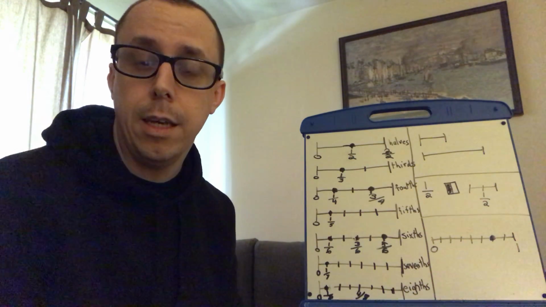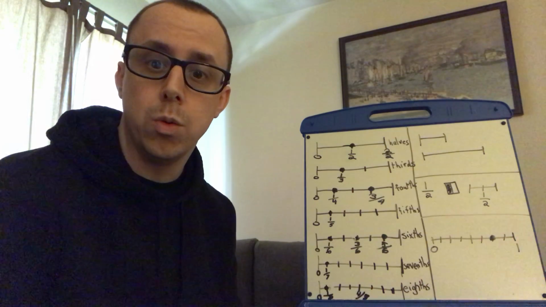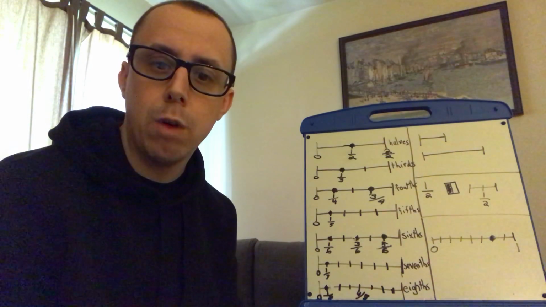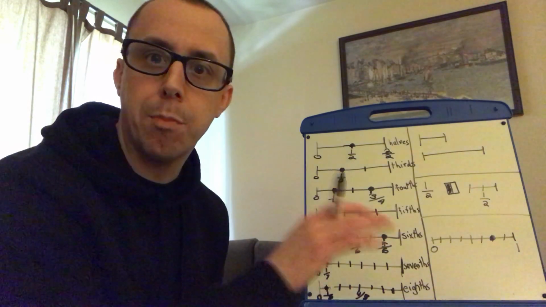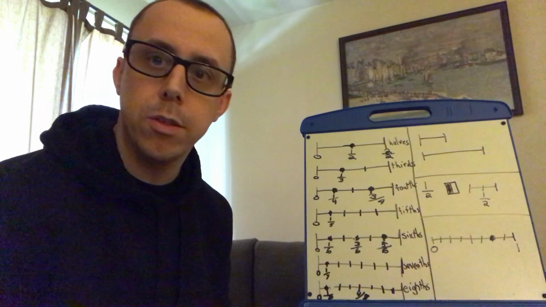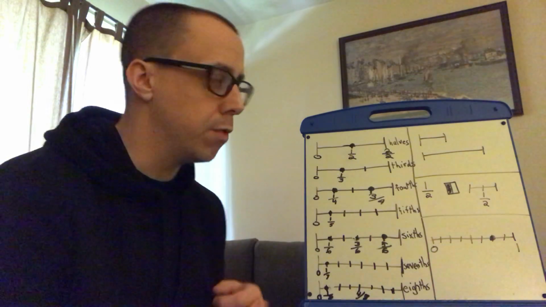Okay, now, you might see a problem today that asks you to tell who represented the fraction properly. I'm going to draw 2 fractions on these 2 separate number lines. These number lines are 2 kids drawing 2 different number lines.